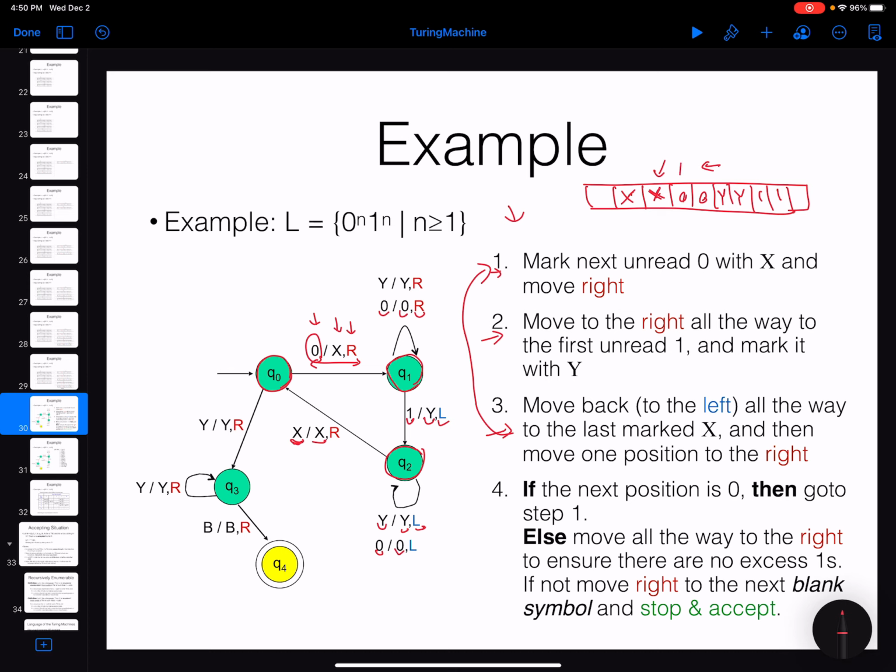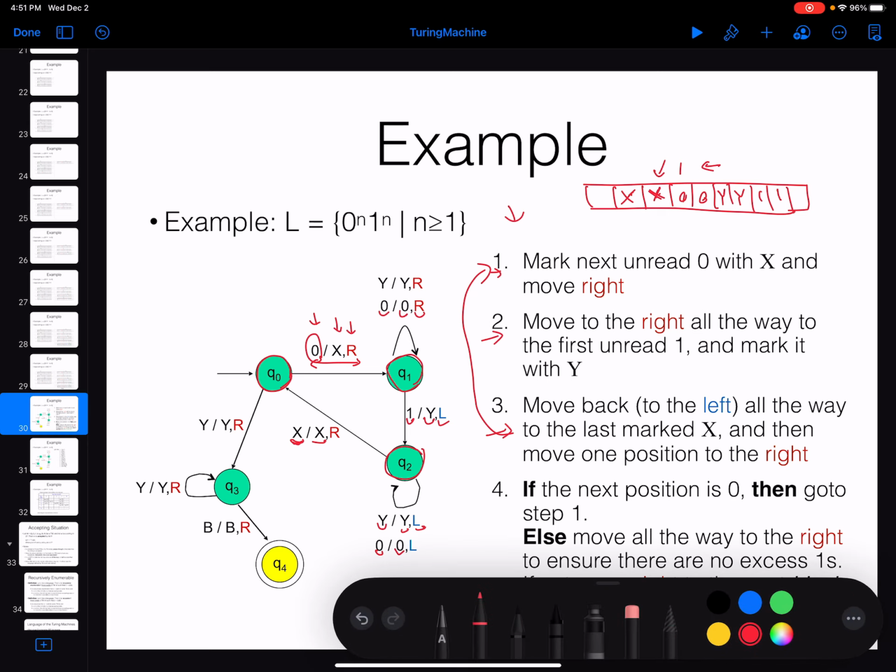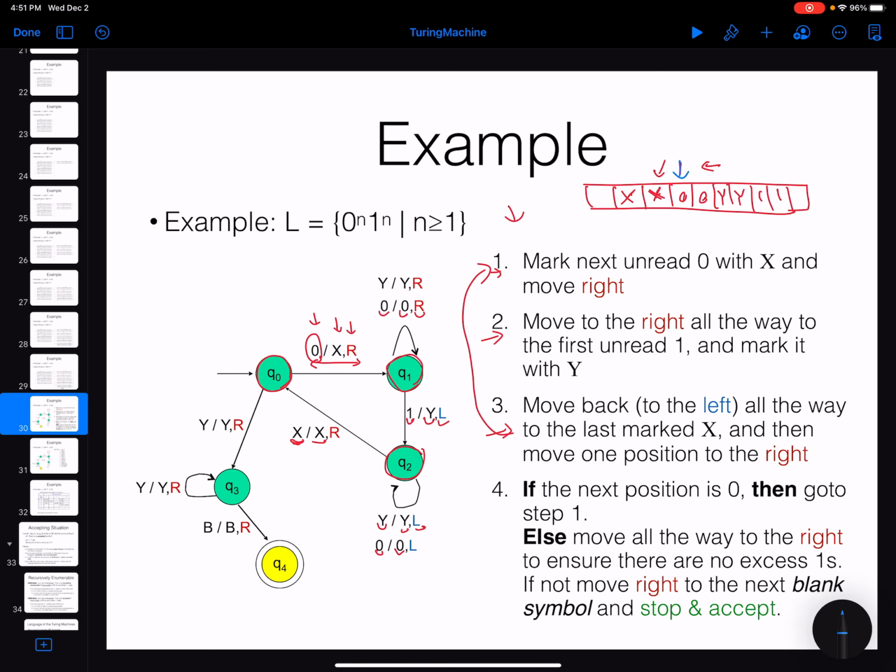So basically you will be in this situation again. So at state q0, again, if you see the next 0, you would replace it with an x, right? And you keep moving to the right, and you move to the state q1 as well, which is the state of moving to the right until you find the very first 1.